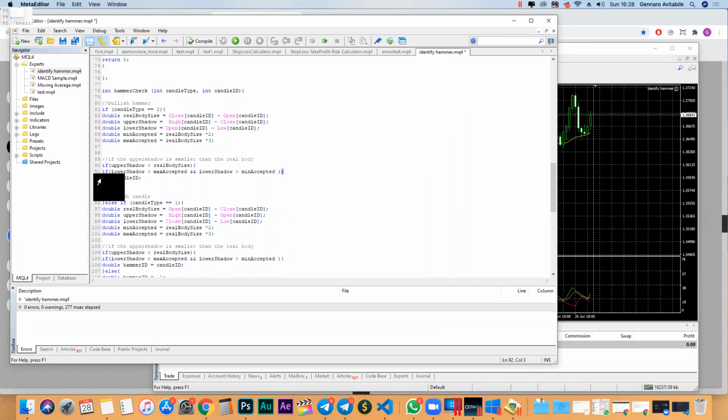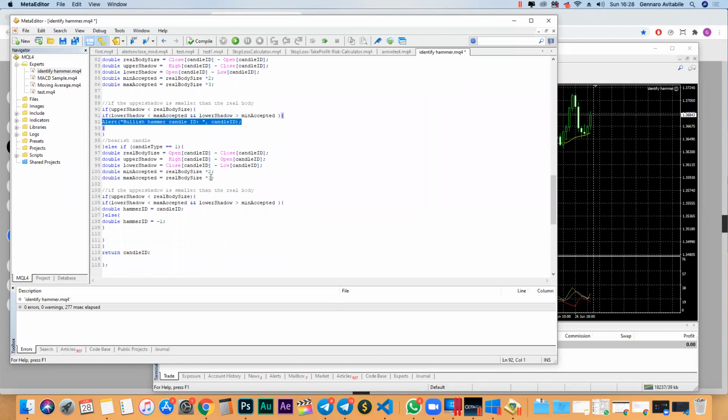I'm just going to do an alert where I'm going to say here, bullish hammer candle ID. It's going to be equal to that. All right. And I want to do the same here.